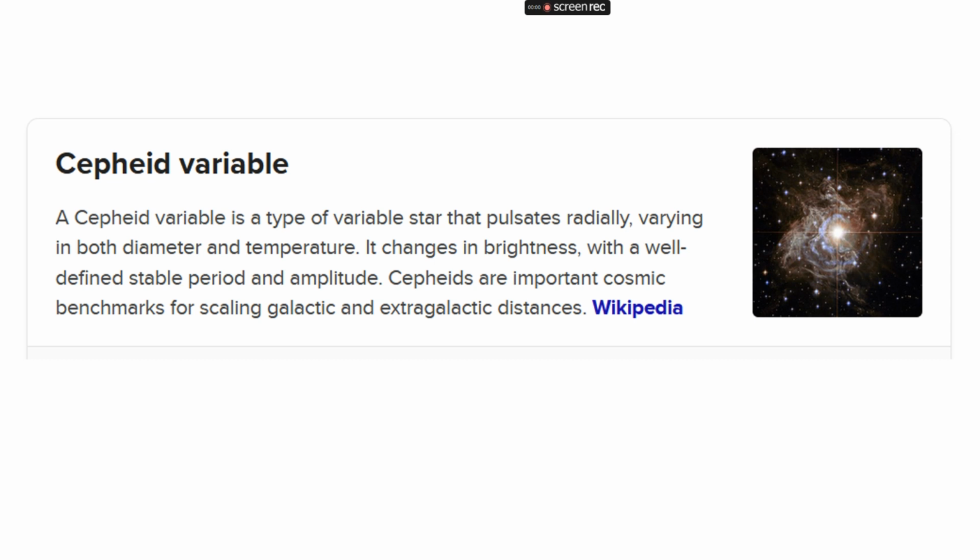It'll become bright and then become dim. And the interesting thing about it is it actually has a stable period and a stable amplitude. All right, they are important pieces in our solar system.